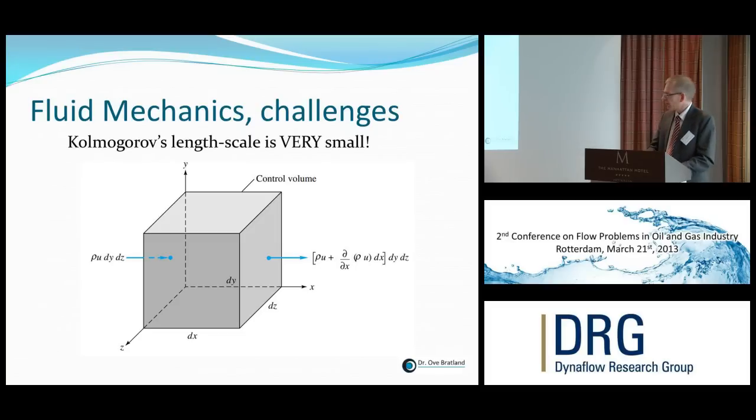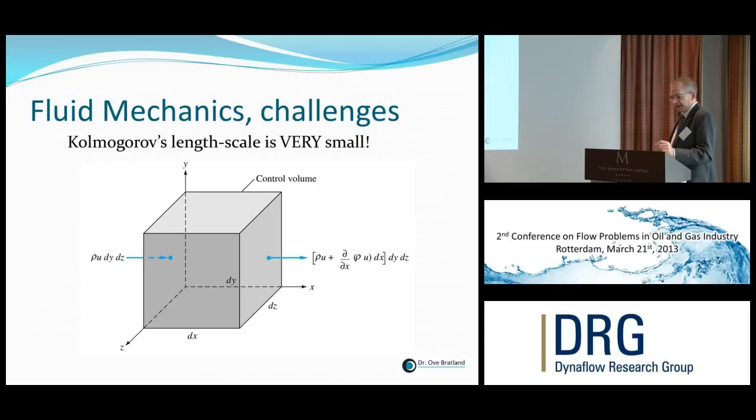Now, here is one of the fundamental challenges we have in flow assurance. And that is, when we want to model how fluid flows, much of the action to do with friction, which is a very important factor. Friction is what determines the capacity we get, and also determines how well we manage to drag liquid out of a flow line by injecting gas through it.